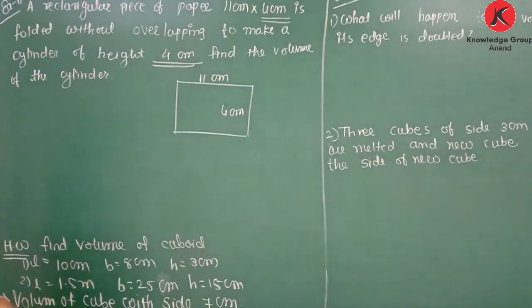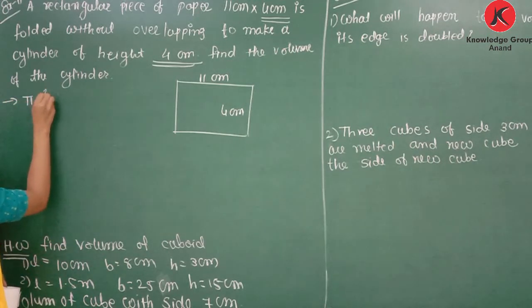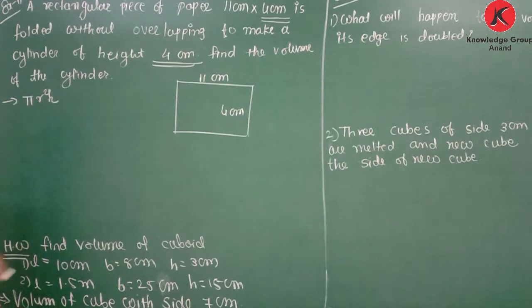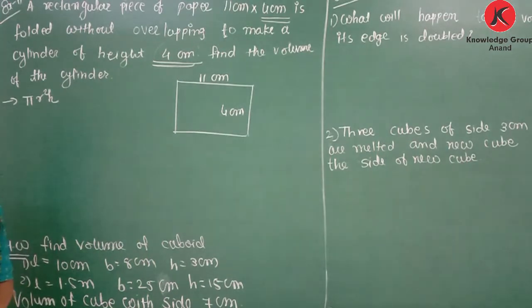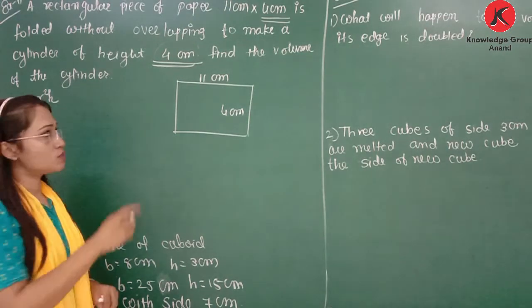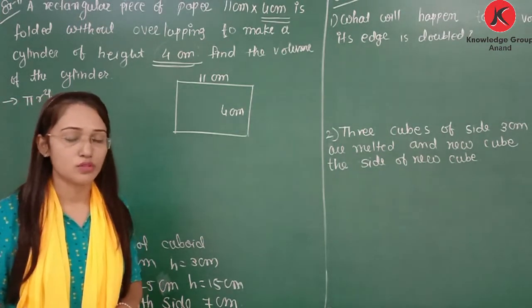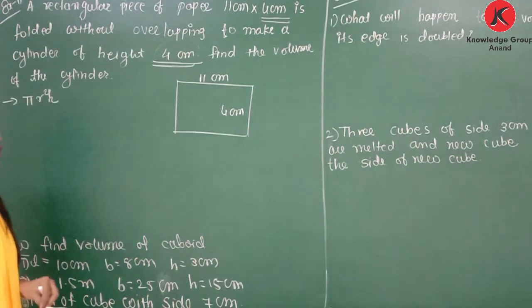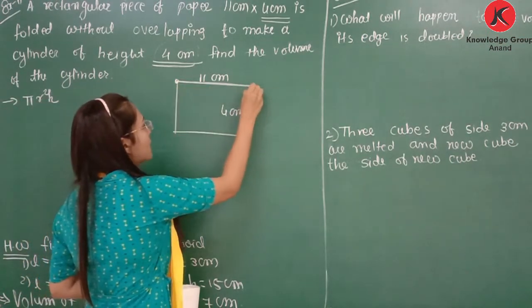Now, to find the volume of a cylinder, what is the equation? That is pi r square h. It means again we need a radius and height. Height is given as 4 centimeter in the question. So what will be the radius? We need to find the radius because there is no information about the radius or diameter of the cylinder. So how can we find the radius? You can see this is 11 centimeter.